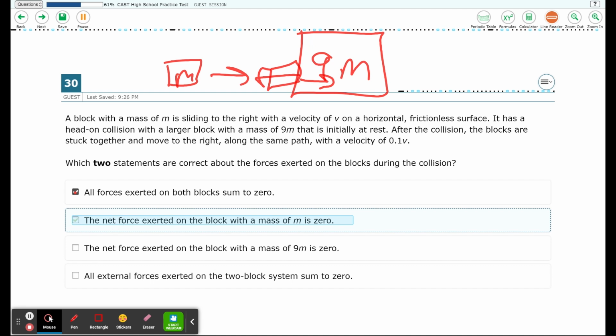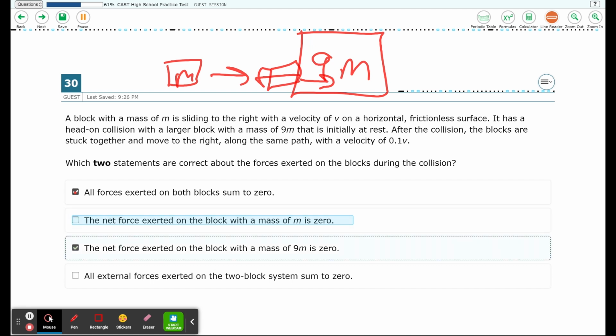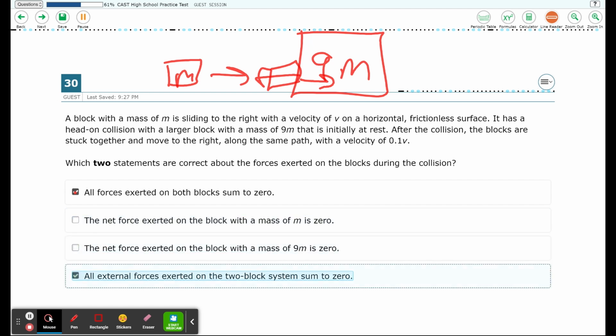Nope, that block is going to slow down a little bit. The net force exerted on the block with a mass of 9m is zero? That one's going to speed up a little bit, so it definitely will have a net force. All external forces exerted on the two-block system sum to zero? Yes, because the only forces there are these two forces right here that we said are equal and opposite, and so they will sum to zero.